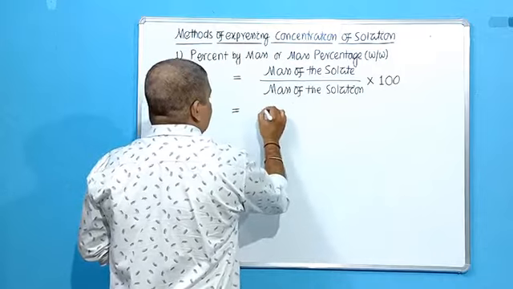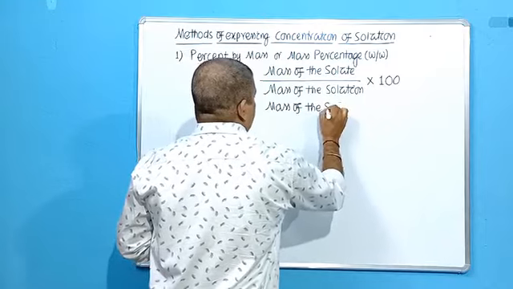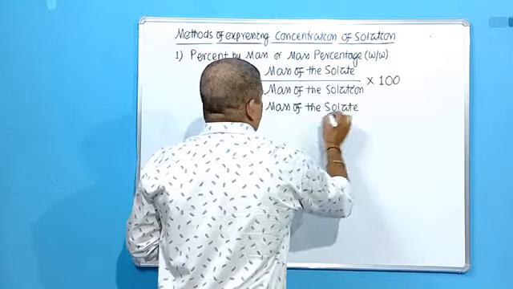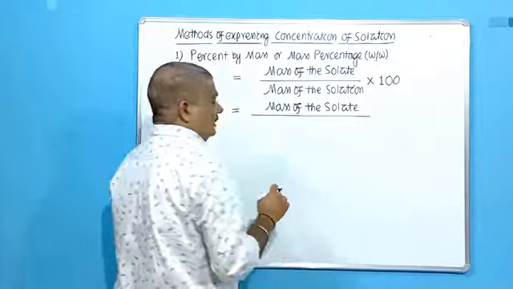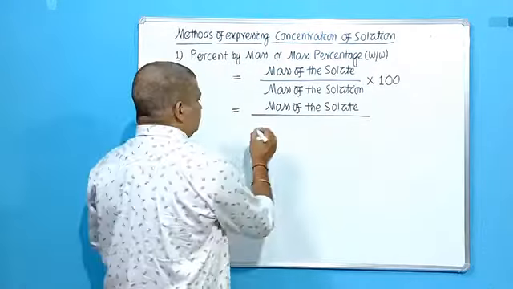A solution contains two components, solute and solvent. So mass of the solution is mass of the solute plus mass of the solvent, and these two combined give you the mass of the solution, into 100.